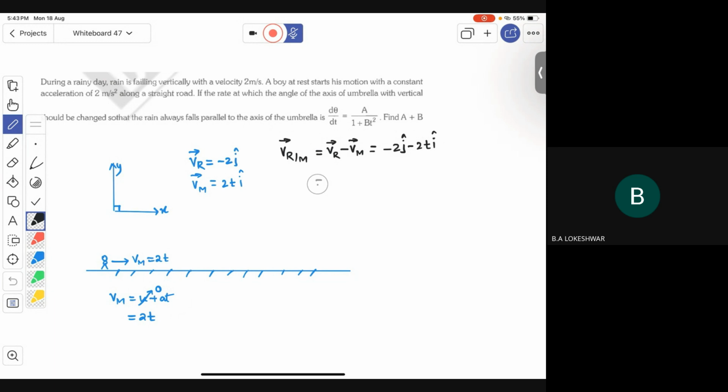So the velocity of the rain with respect to the man has x component minus 2t and y component minus 2. If I ask you to draw this vector graphically, then what will you do?